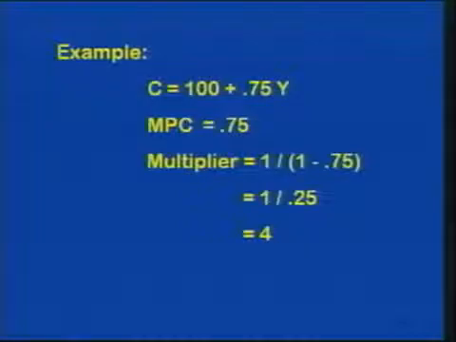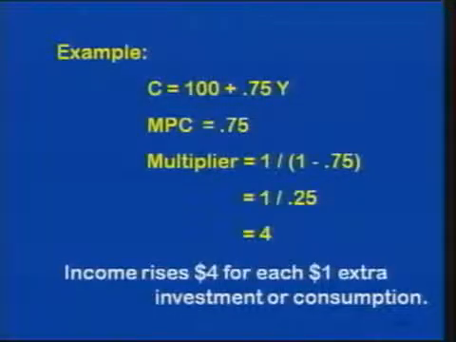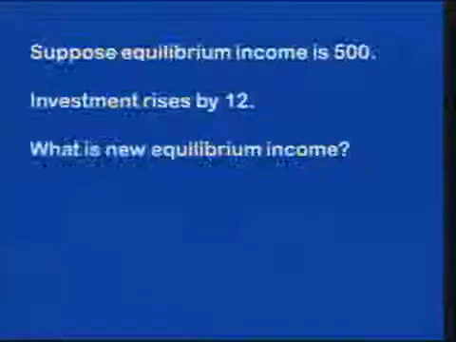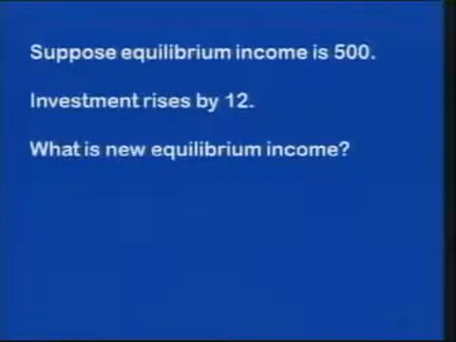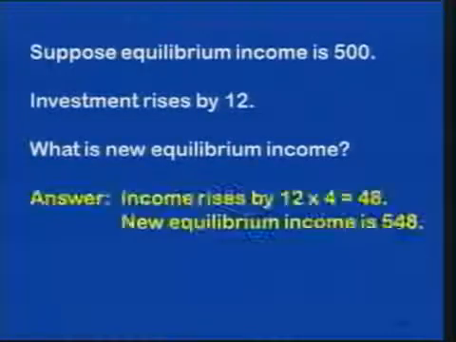And as the multiplier gets bigger, for every $1 of extra investment or consumption, you actually increase the economy by a factor of 4. It's pretty big. So this is, I think, the last slide.